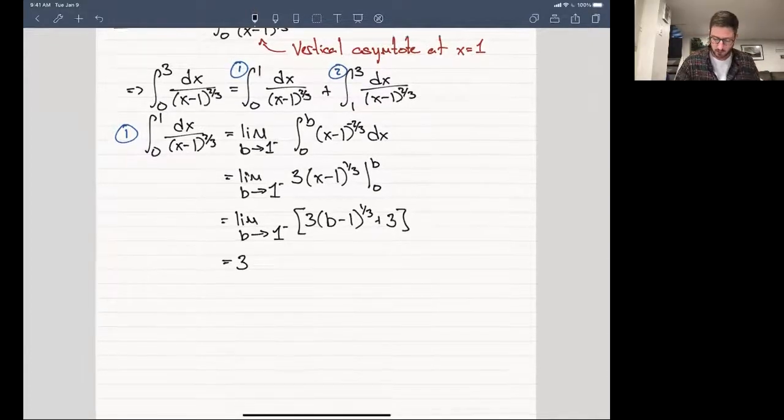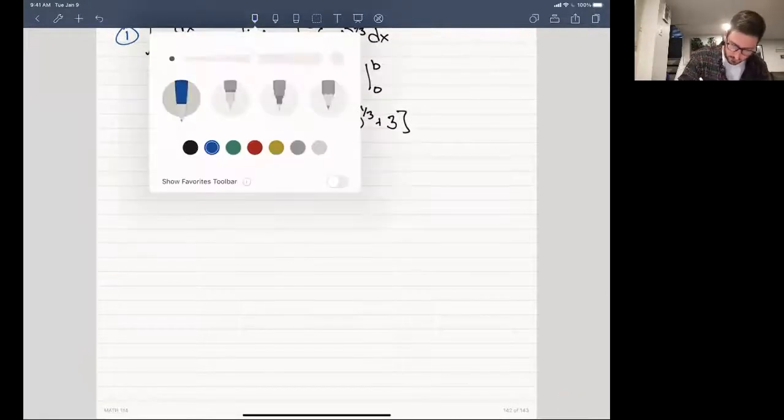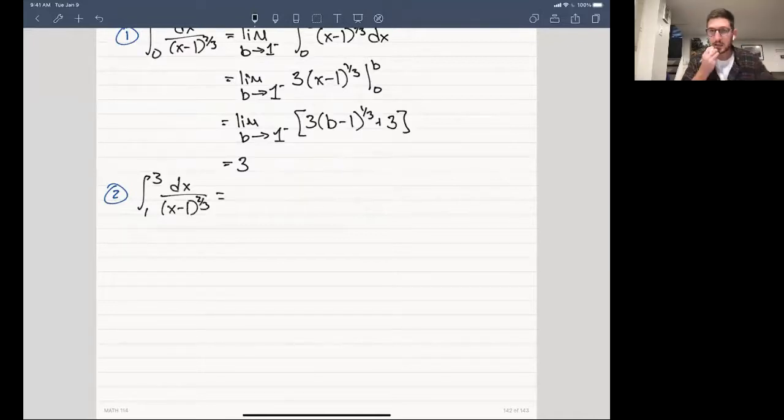So then we can do the same thing to evaluate the second half, the integral from 1 to 3 of this piece right here. Again, the problem point is on the bottom of the interval, the beginning. So this is the limit as a goes to 1 from the right of the integral from a to 3.